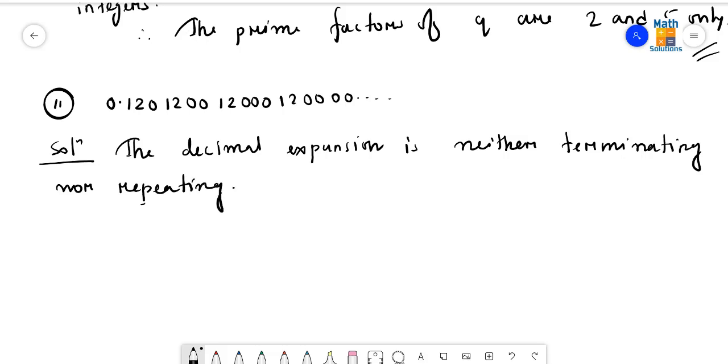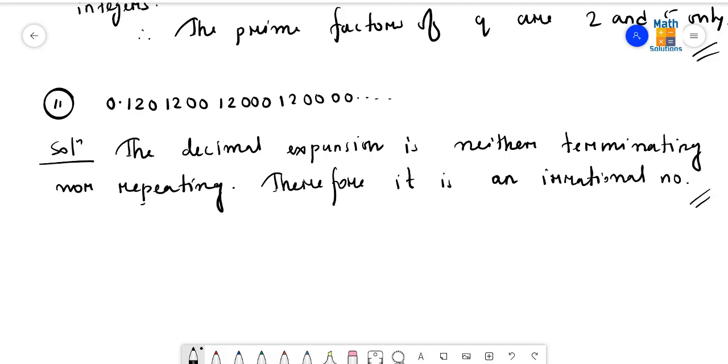So the one and only conclusion that can be drawn here is what? Therefore it is an irrational number. So this is the answer.